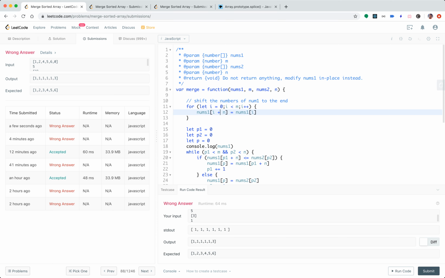So we do it backwards. It should be i equals m minus 1, i bigger than or equal to 0, i minus minus, nums i plus n equals nums i.